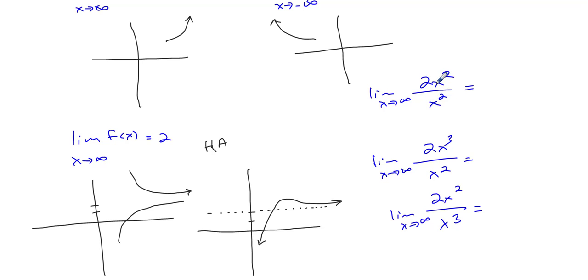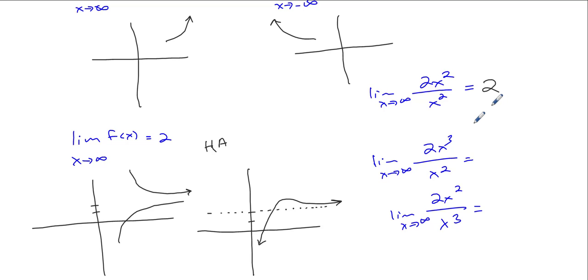Plug in a bigger number, and even a bigger number. What is this number going to approach? Why 2? You could cancel x squareds out, right? And then the limit of a constant is the constant, right?